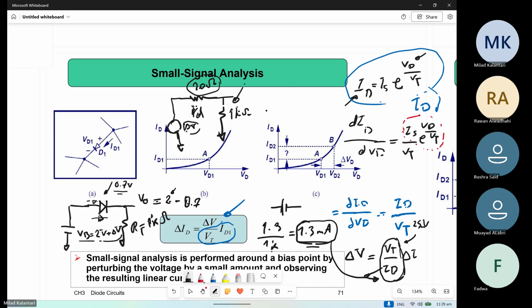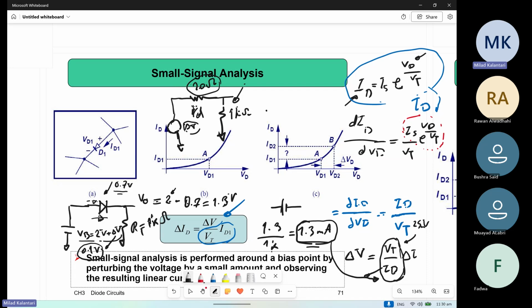So, for example, if we have a delta V of, let's say, 0.1 volt, let's say that V increased 0.1 volt, how does the output change? Initially we calculated V out was 2 minus 0.7, which was 1.3 volt, right? But we want to see how much the output changes once we have a 0.1 volt increment.